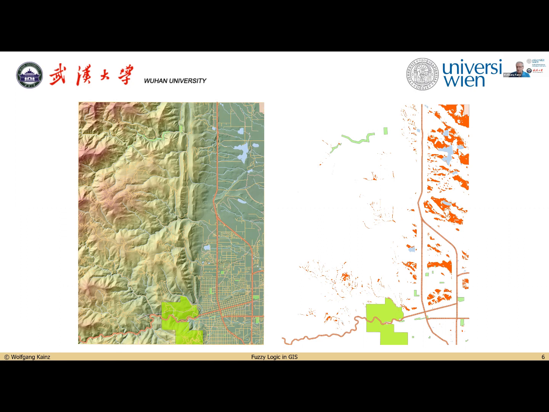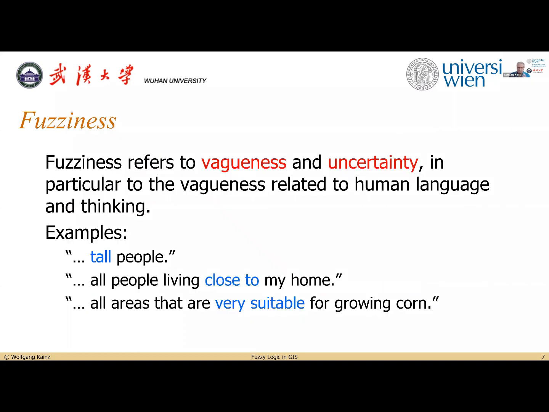But now what we already saw is we say flat slope, we say moderate elevation, we say favorable aspect, we say near a water body or not near a major road. So these are concepts that are related to fuzziness. So fuzziness refers to vagueness or uncertainty, in particular in our human language and in our thinking.